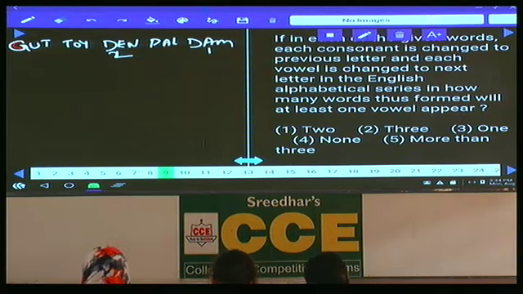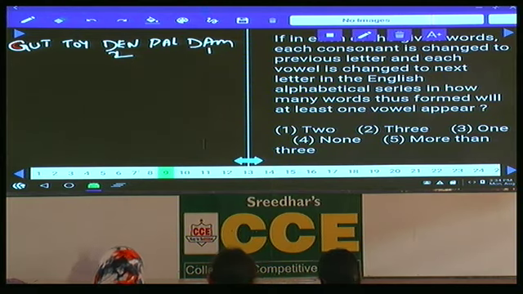Then question number 9. In each of the given words, each consonant is changed to the previous letter, and each vowel is changed to the next letter. Then in how many words so formed will at least one vowel appear?